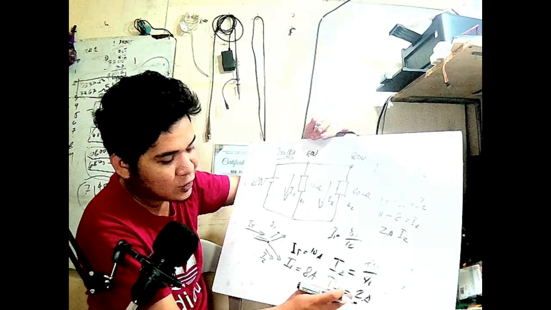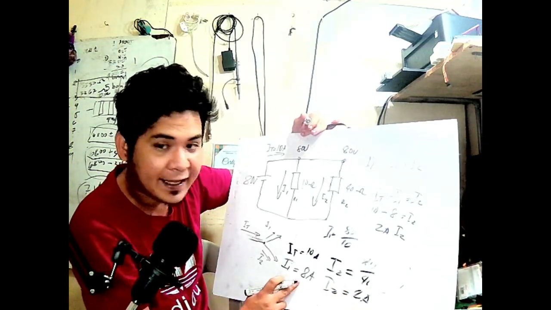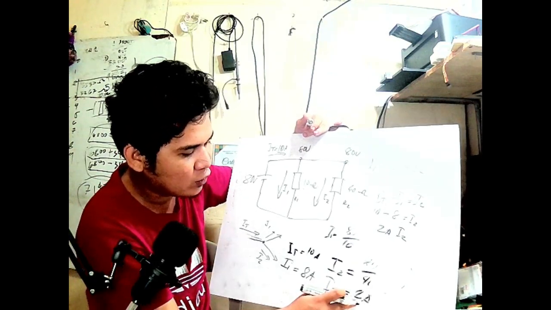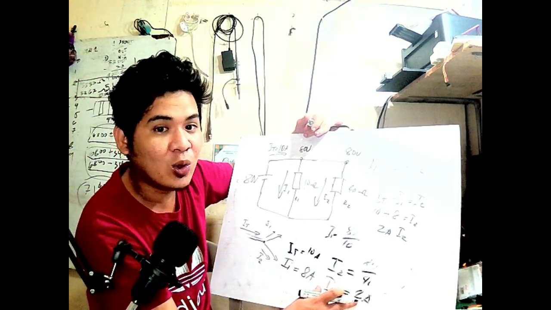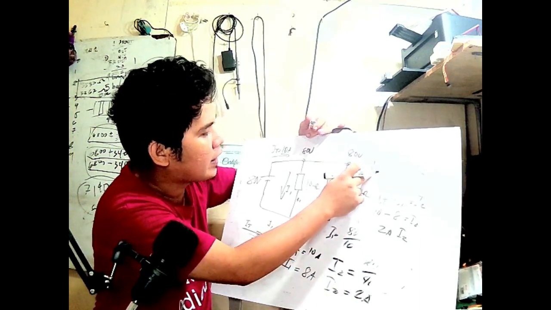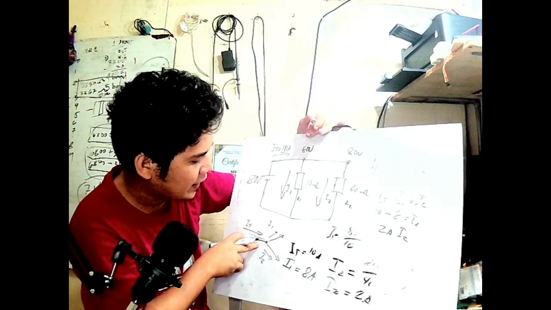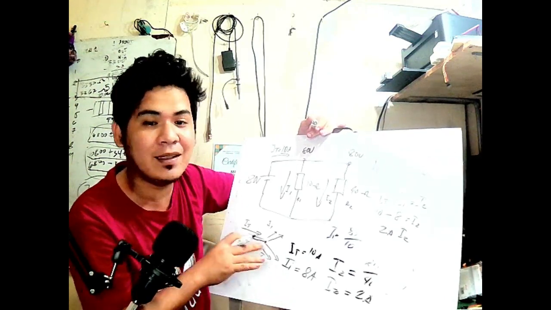So, pag pinag-add natin yung I2 at saka yung ating I1, yung I1 natin is 8 amps, plus I2 is equal to 10 amps, which is I total. The current that enters the node must be equal to the current leaving the node.